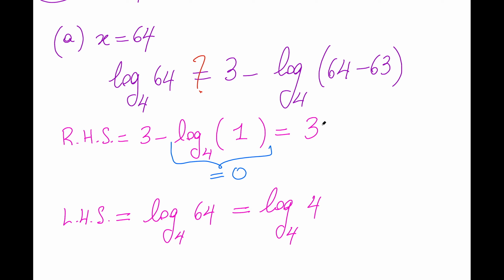Is it true that 4 cubed is 64? Well, 4 cubed is 2 squared to the power 3, and 2 squared to the power 3 is 64, because 2 cubed is 8, and 8 squared is 64. So this is correct.